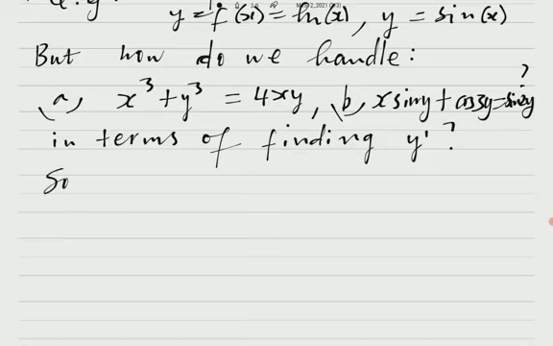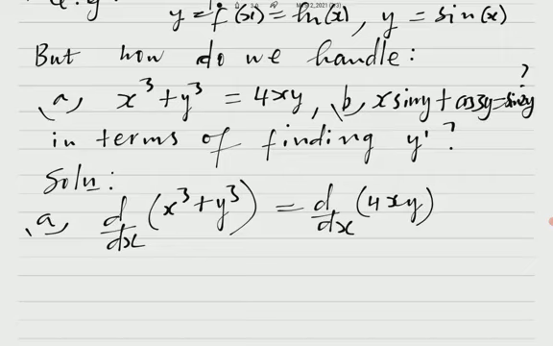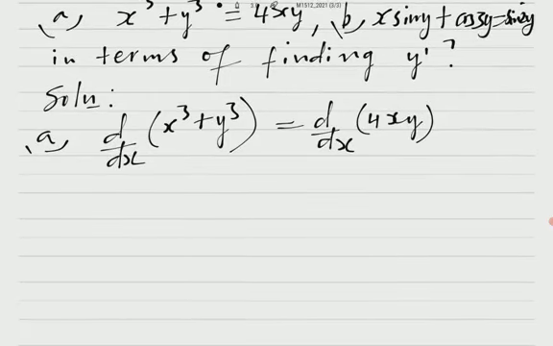So solution, let's look at number A. Suppose you are looking for dy dx of x cubed plus y cubed. So remember, you have to take the derivative on both sides. So we'll take dy dx also of this side, which is 4xy. So you are just applying dy dx.